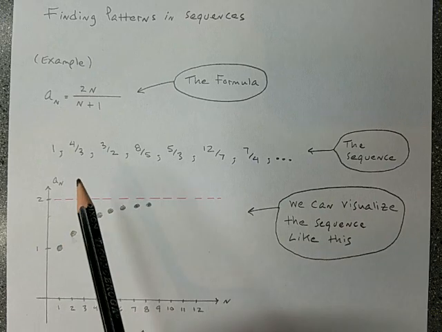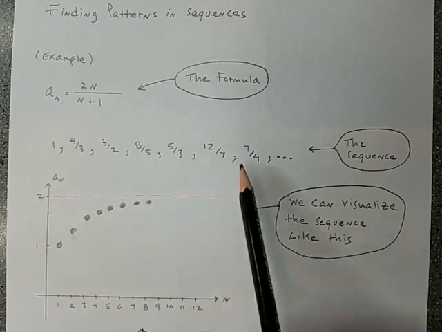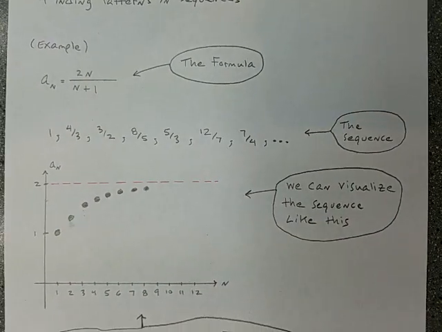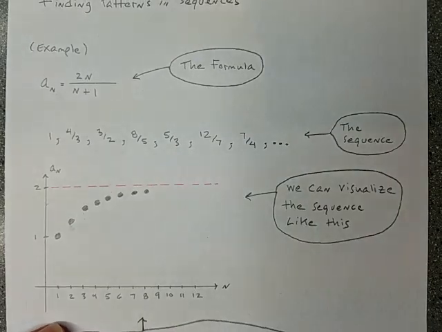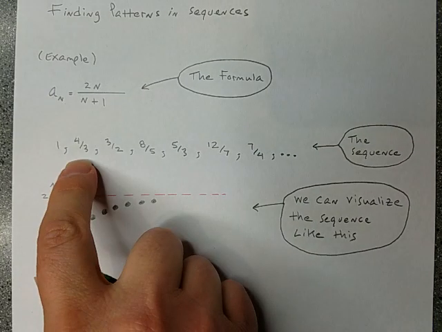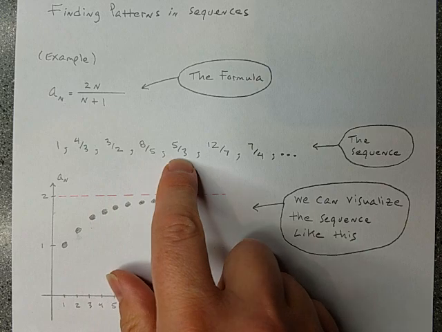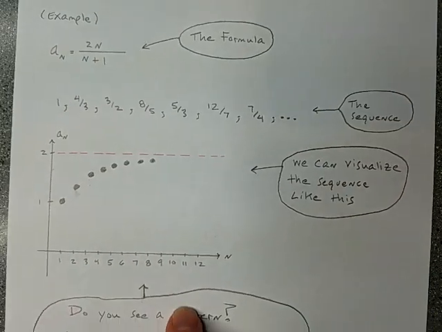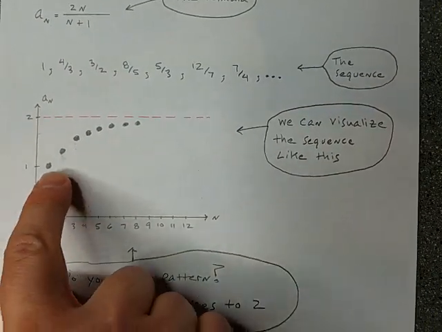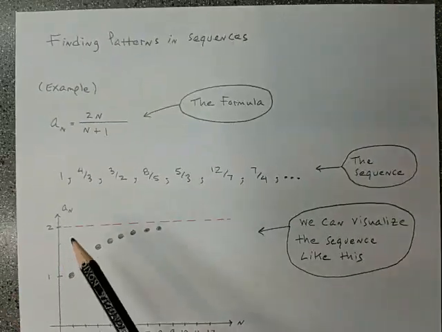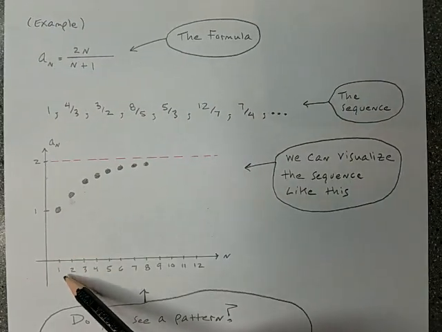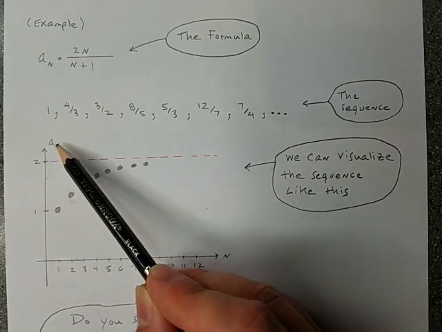So if you don't see a pattern to that, maybe we can get our calculator, and round these out to decimals, and then plot each number. Like if the first term is 1, when n is 1, the term is 1.